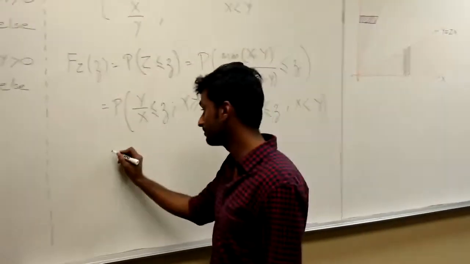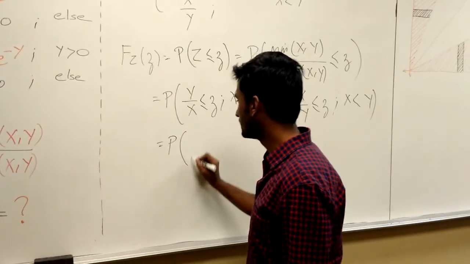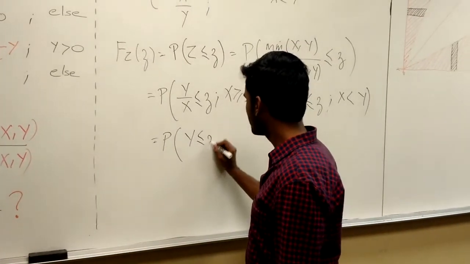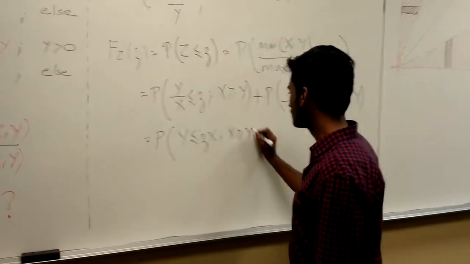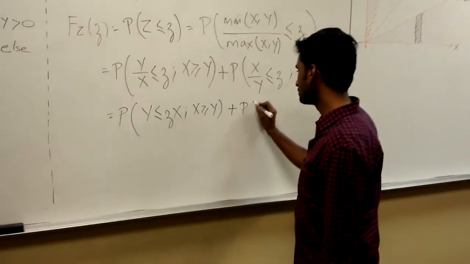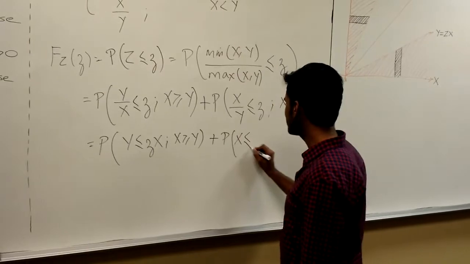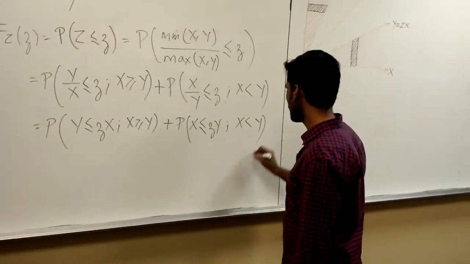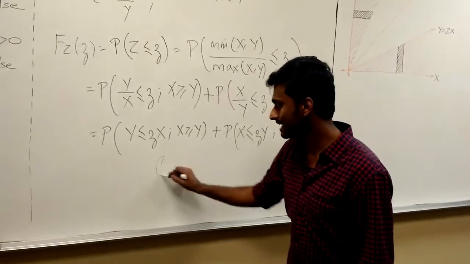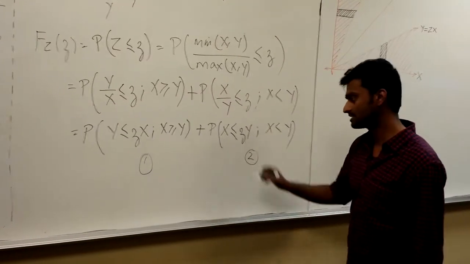Further simplifying, it is given as the probability of Y less than or equal to zX when x is greater than or equal to y, plus the probability of X less than or equal to zY when x is less than y. Now let us take this as case 1 and this as case 2.